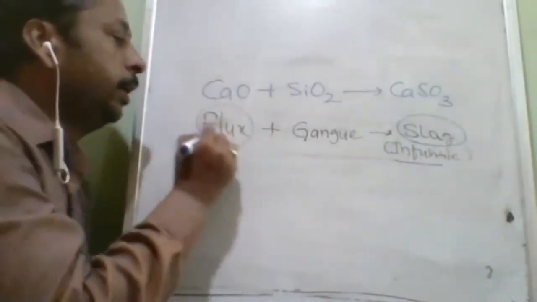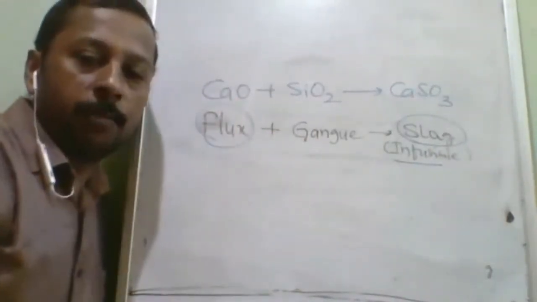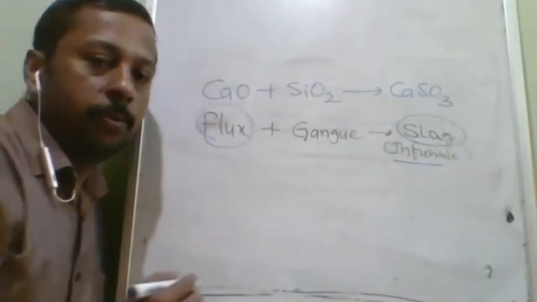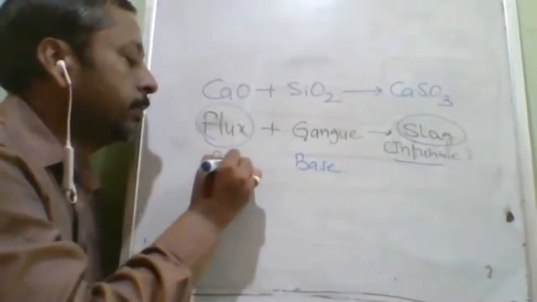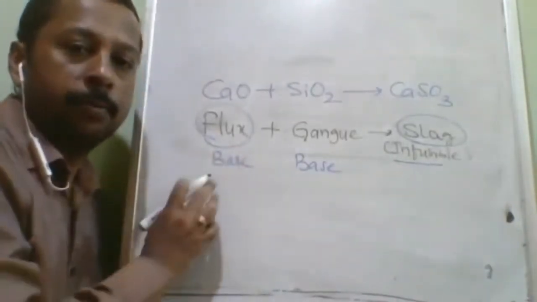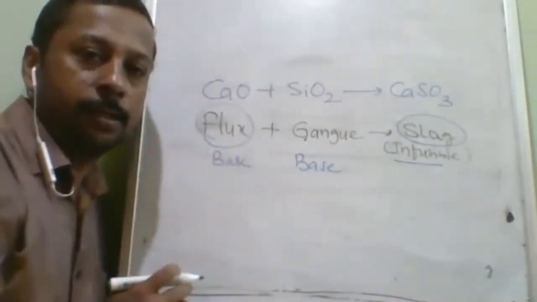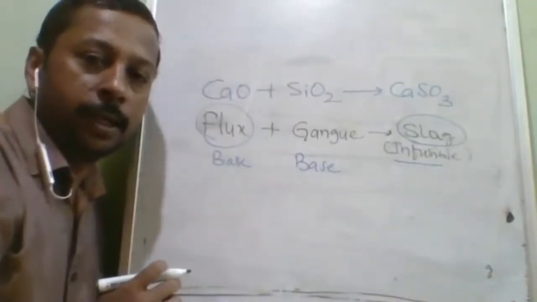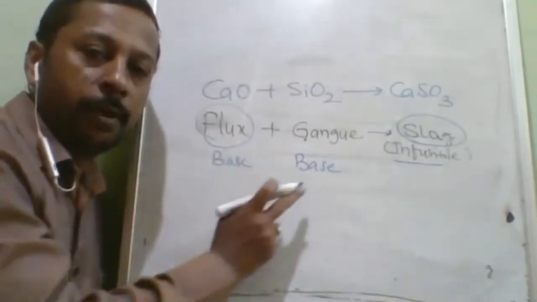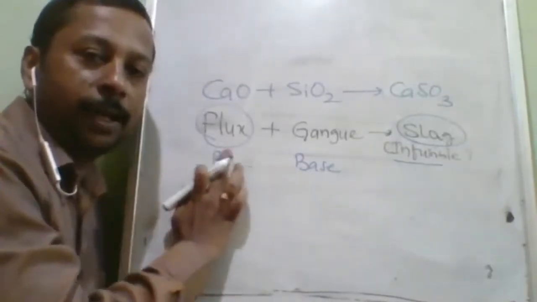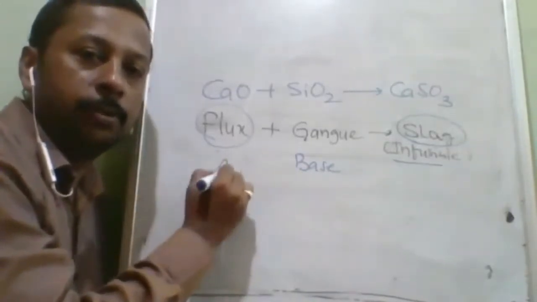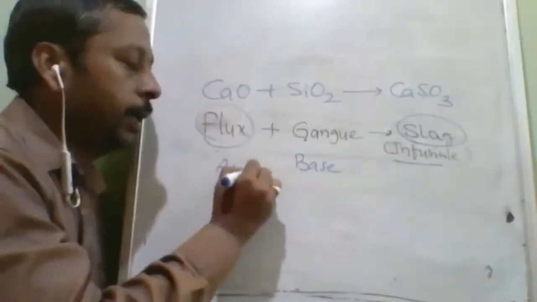So before adding, we should check out what type of gangue is present. Suppose gangue is base, okay, and we are also adding base. What is the use? Because base will never talk to base. Always opposite attracts. Is it understood? If you want to send some impurity that is basic, we should select an acid.